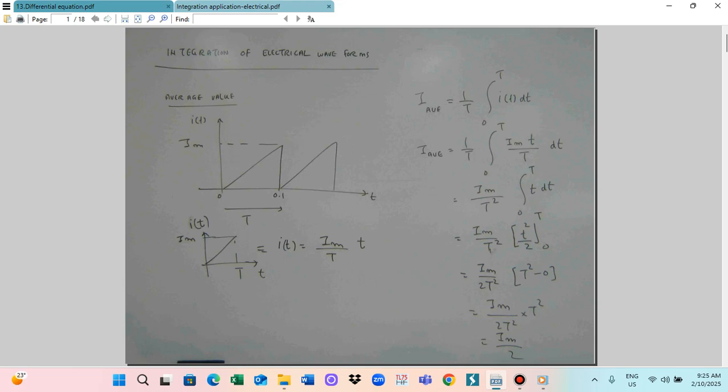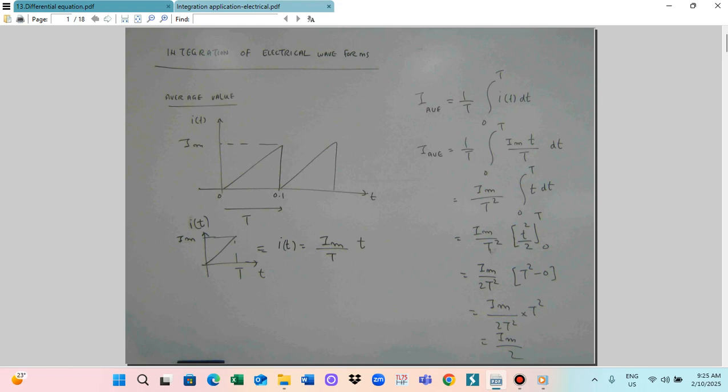So this is Im by 2T square into T square, and you get Im by 2. This means that when you integrate the sawtooth wave, the average value is the maximum value divided by 2. So this is the average value.